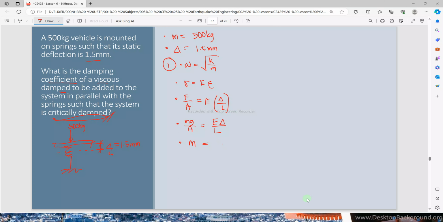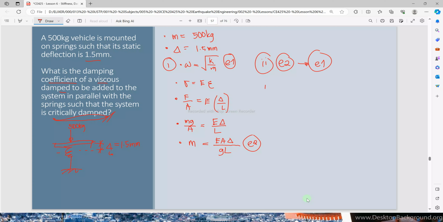So we have the modulus of elasticity times the area times the displacement over the gravitational acceleration times the length. So let's say this is our equation 1, this is our equation 2, we substitute equation 2 into equation 1.